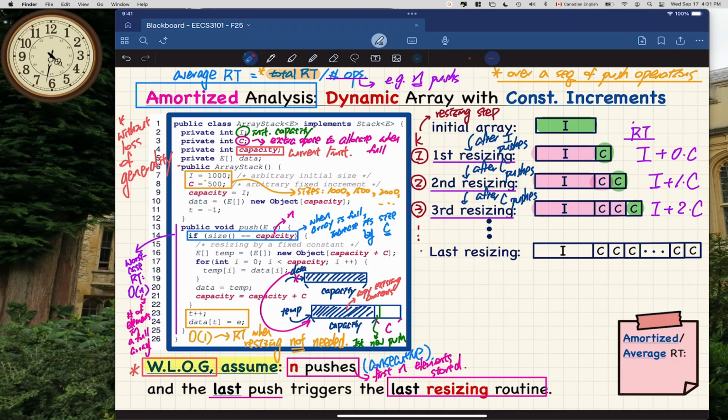Like a green C? From the left or from the right? From the right, right? Right here. Good, okay. That's obvious, but I want to double check. So think about this is really the part after the resizing. So this will be free. Other than that, this part over here should be completely occupied. So I plus a bunch of C's, that one there should be exactly equal to n. That's very important.